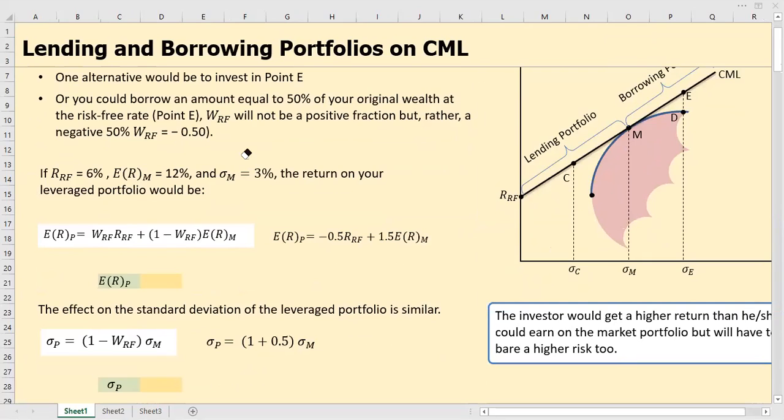Right, now here, as we discussed, one alternative would be point E. So if you discuss point E, now what we are going to do, right? In point E, just imagine that, please read this particular statement.